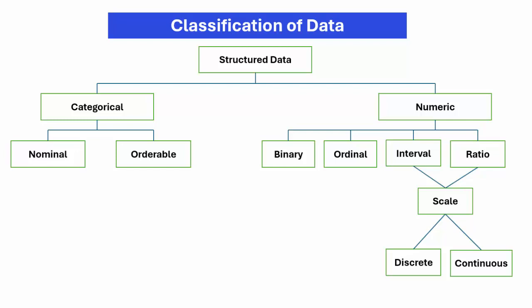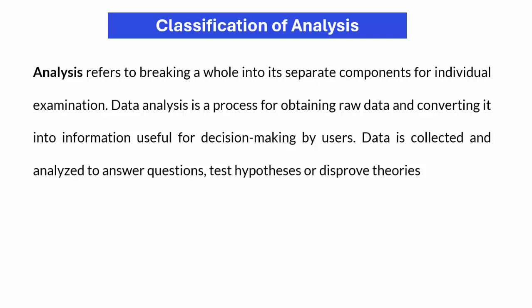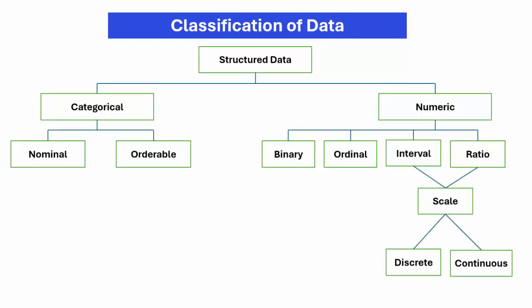So this is the hybrid classification of data which we use generally in the data and business analytics domain. Now I would like to explain you about categorical data, what is nominal data, what is orderable data, what is binary, ordinal, interval, ratio, scale, discrete and continuous. So we see this on our whiteboard.